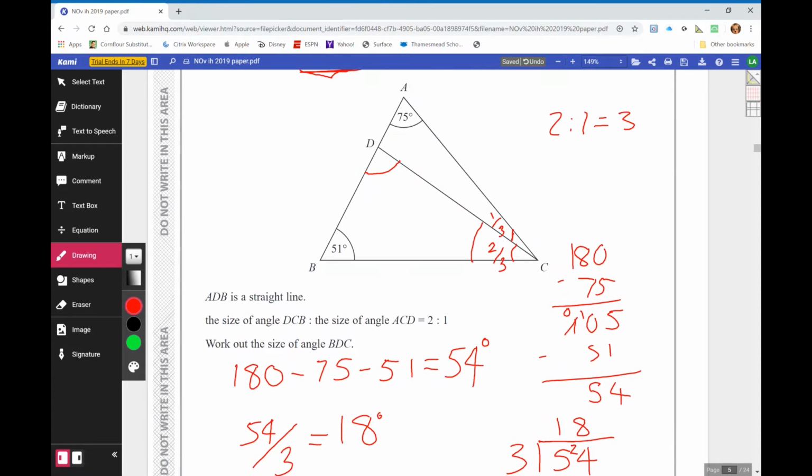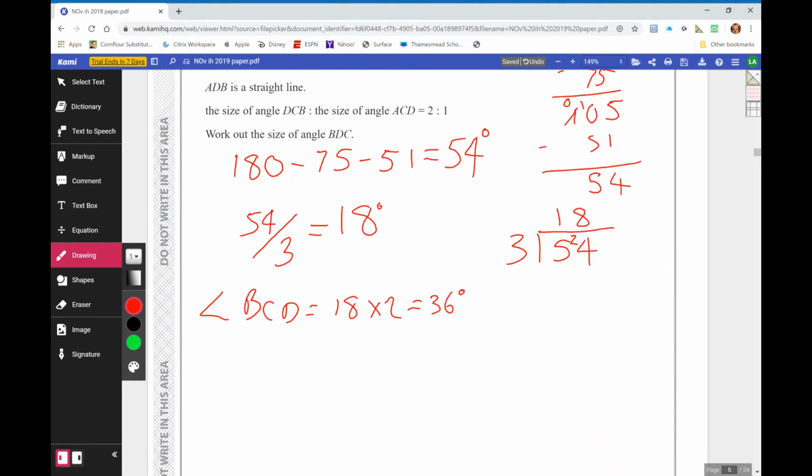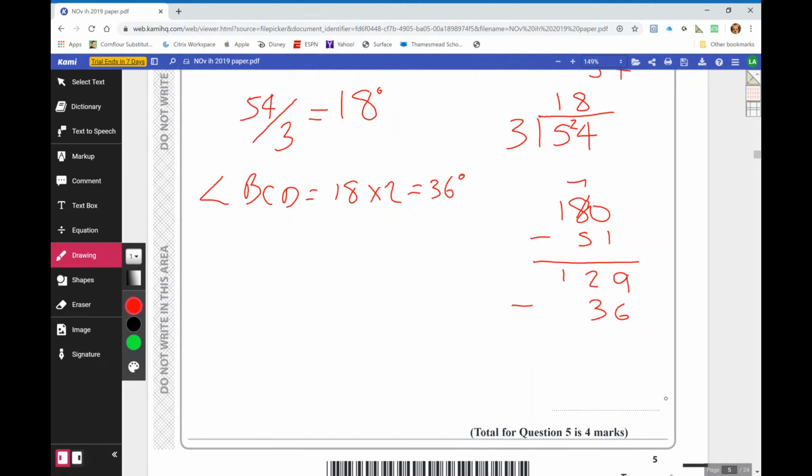And then this one is going to be the difference again, because this is another triangle in here. So it'd be 180, take away 51, take away 36. So 180 minus 51, do that first. That's 129, and then if we minus 36, it's up to you if you can do this in your head, that's fine.